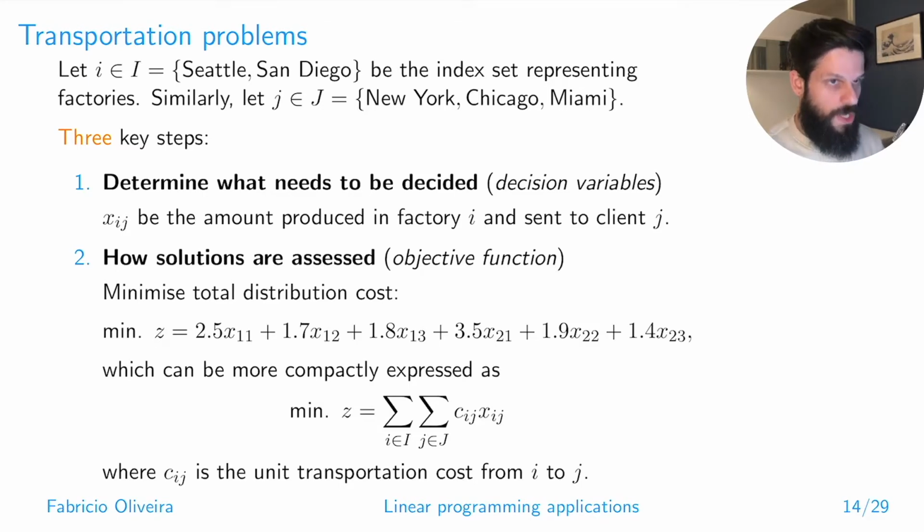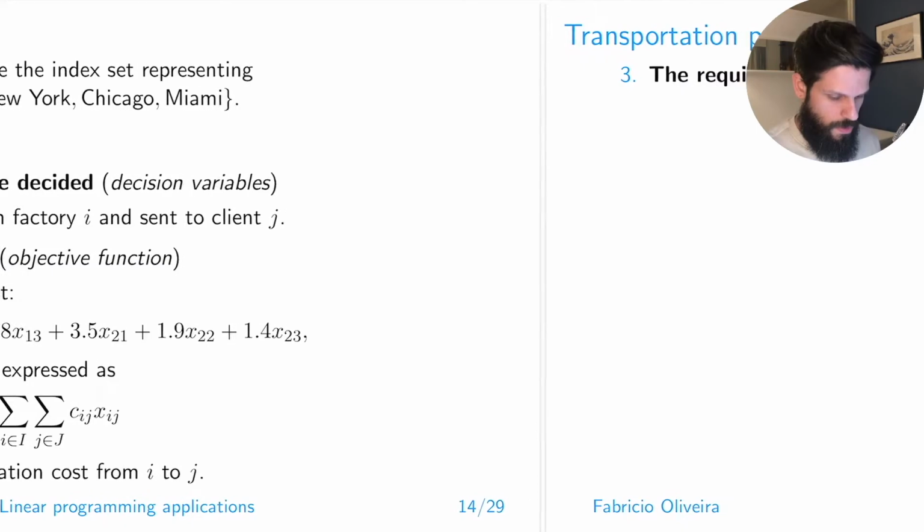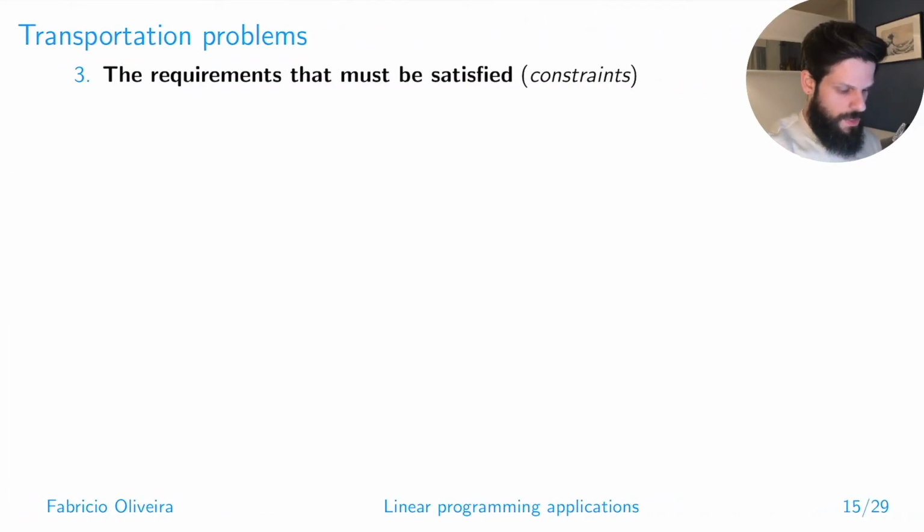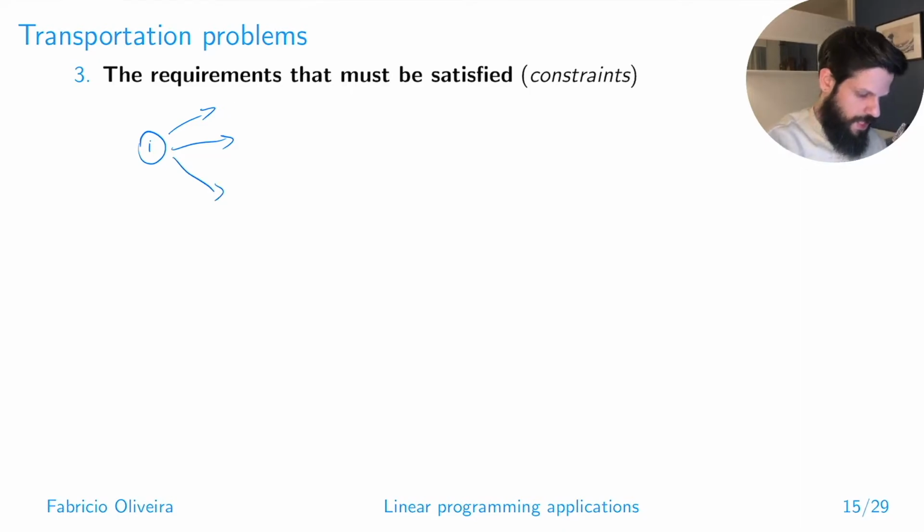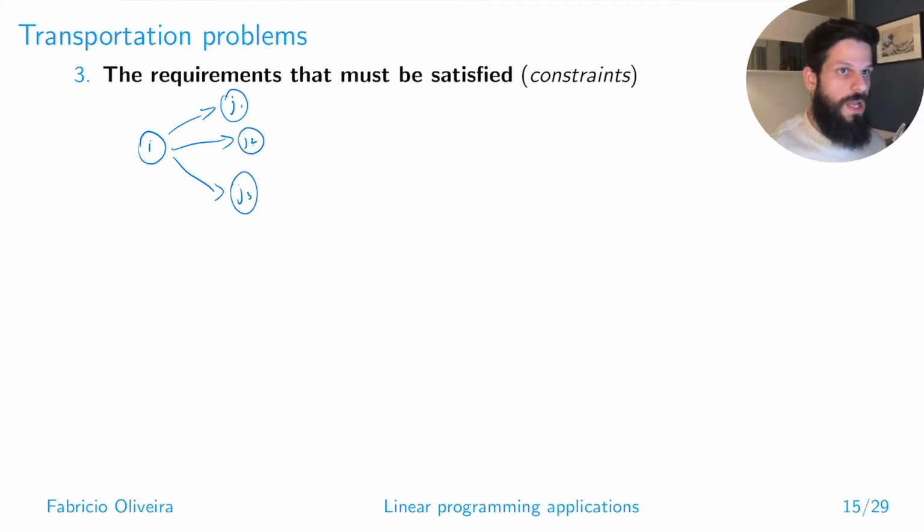And finally, what are my constraints? Well, what I have in terms of requirements is that whatever I send from a plant, suppose I have a plant I here, and this is being sent to different clients J, so J1, J2, and J3. When I look at all these amounts being sent, this is X_iJ1, this is X_iJ3.